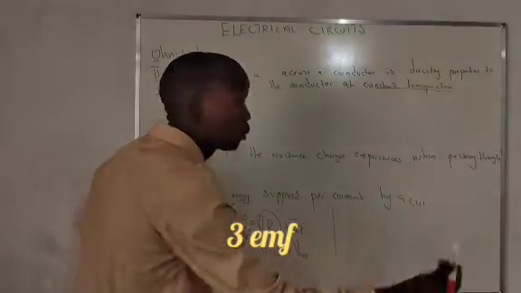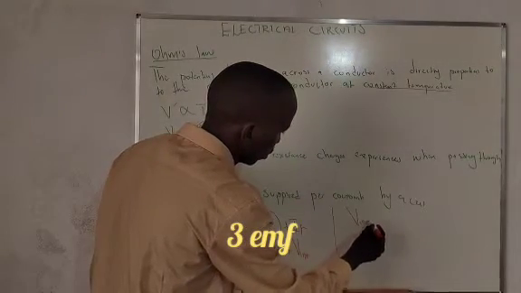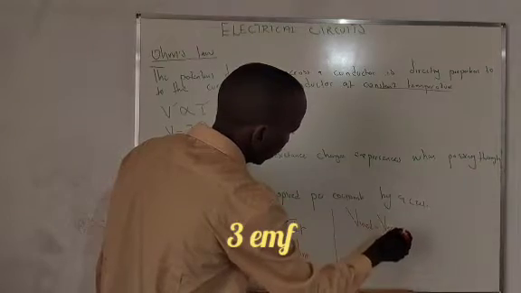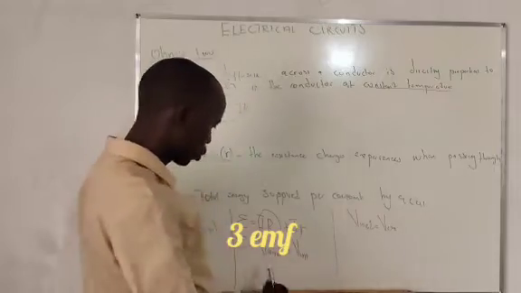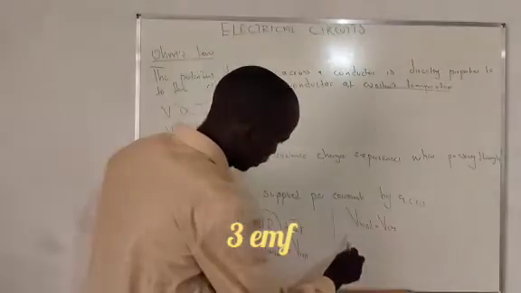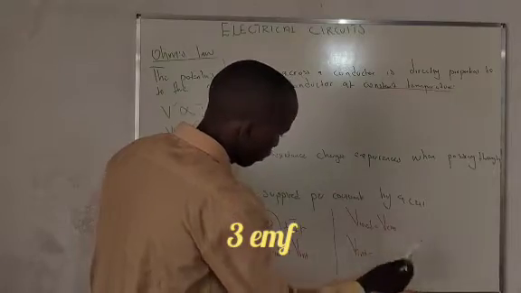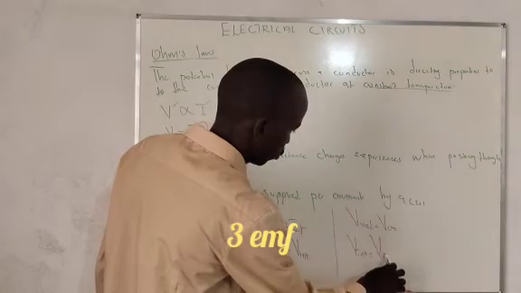It can also be written as V external. At some point, that is what V load can be written as. We also have V internal, which can be written as V lost.